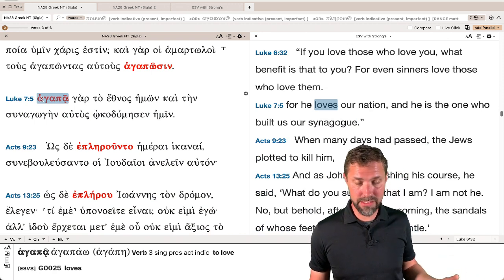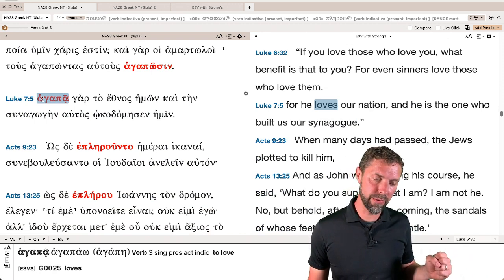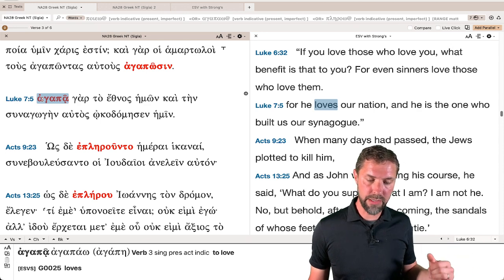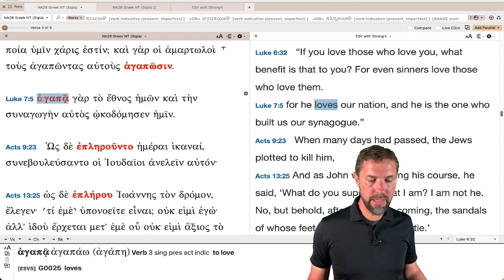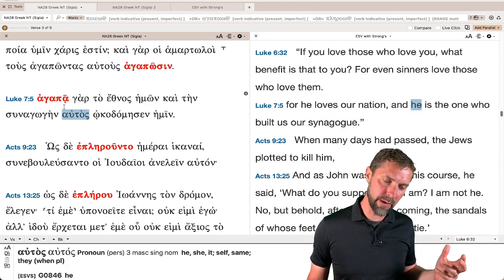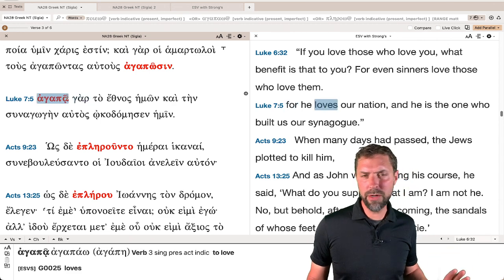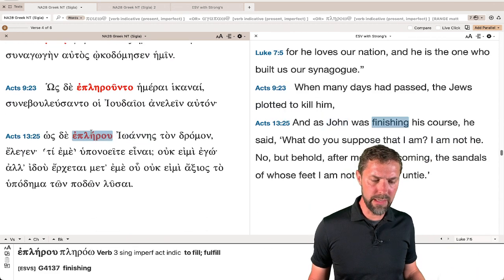This is a third person singular. Present active indicative, third person singular, for he loves our nation. Instead of agapae, the epsilon has disappeared, the iota has become a subscript underneath. Anyway, just weird things are happening, and this happens as well in the indicative. Down here I've got two examples of the indicative. Here we'll go with the imperfect.